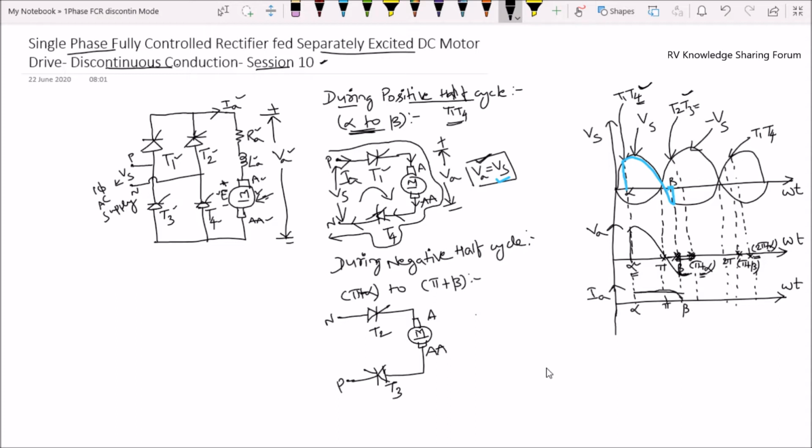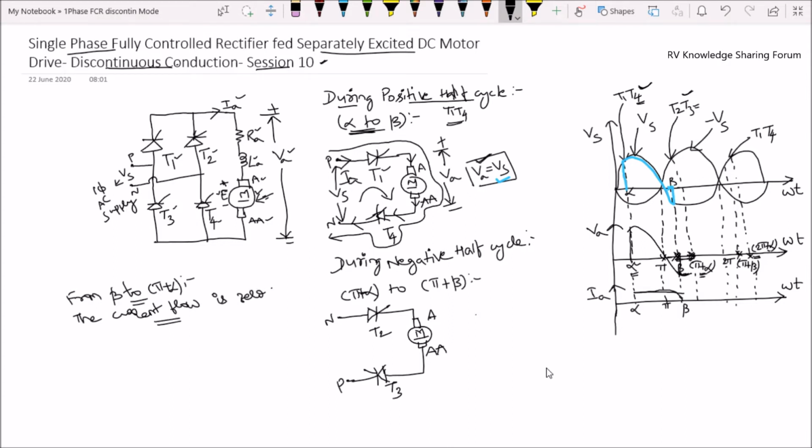So what happens from beta to pi plus alpha? From beta to pi plus alpha, the current flow is 0 across all the thyristors.